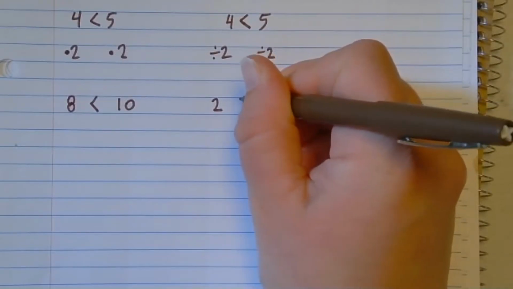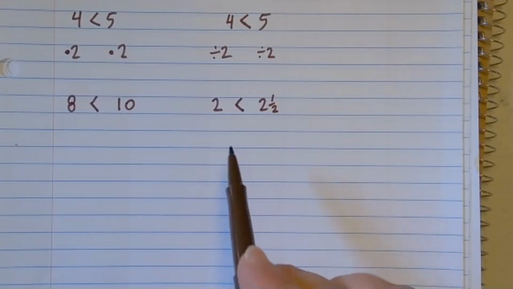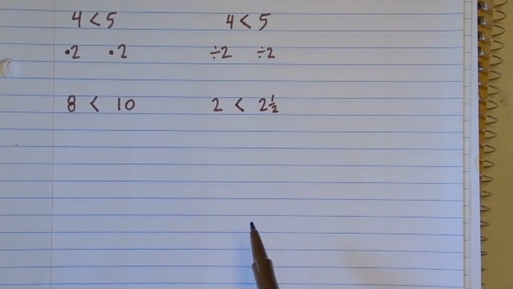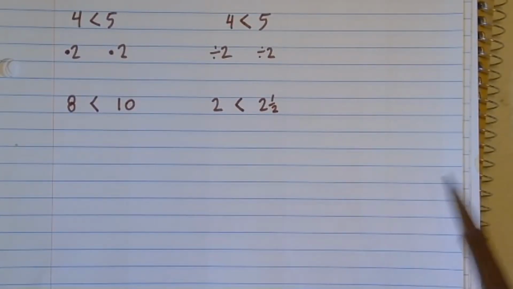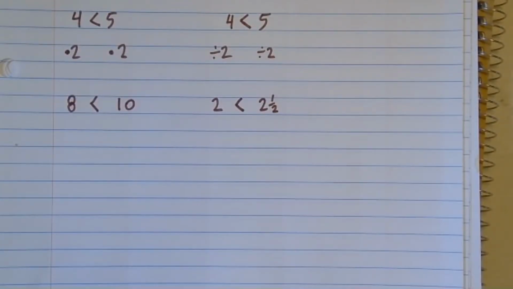They're closer together than before, but it's still the same direction in that inequality. 2 is still less than 2.5. So everything works, right? There's some weirdness with multiplication and division because we've tried it with positive numbers, but we haven't tried it with negative numbers yet.